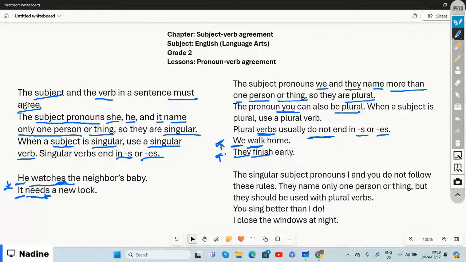Our singular subject pronouns are words like she, he, it, which refer to only one person or only one thing doing something.